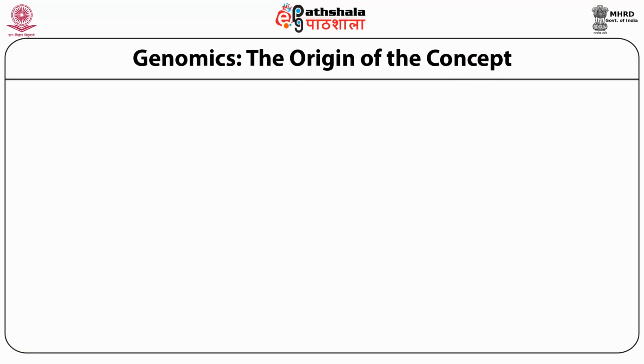The term genomics was coined way back by a geneticist, Thomas Roderick, in 1986. He was a geneticist in Jackson Laboratory, and in a meeting which was conducted about the human genome, he coined this term, which later on was adopted by all the biotechnologists thereafter, and it became a household term.